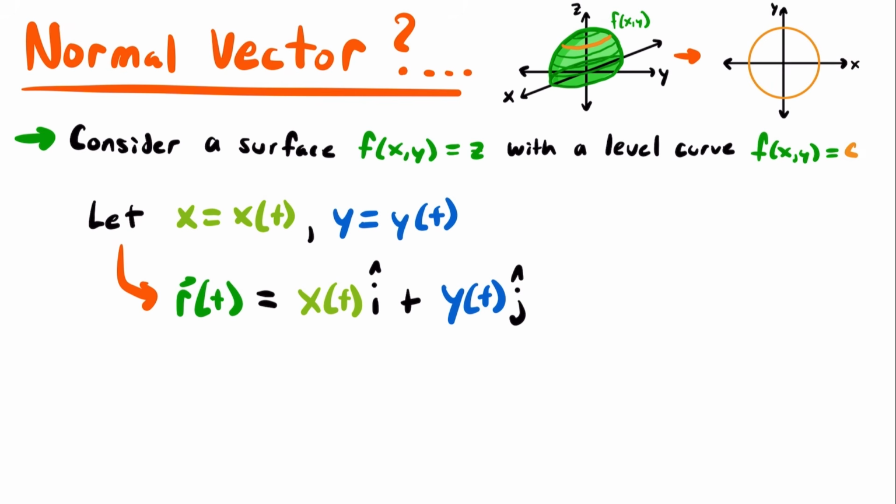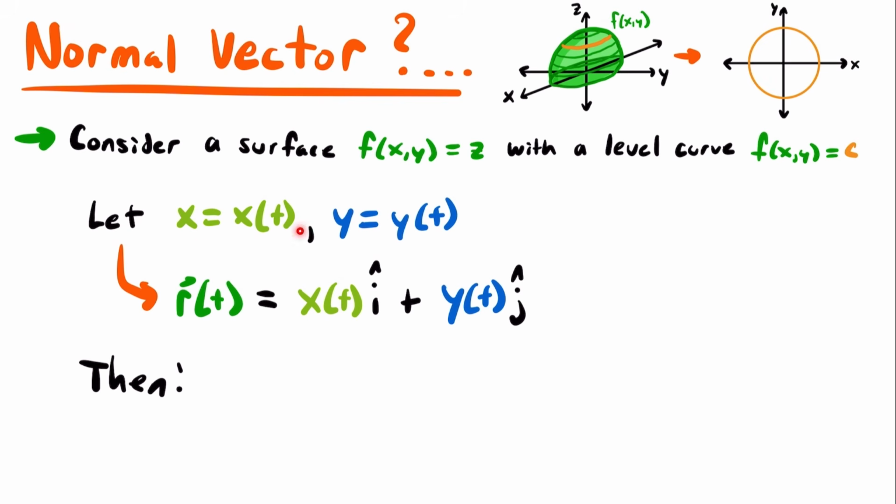And then what we can do, using the components of this vector function, or using these parametric equations, is rewrite the function for our level curve. Right, we have f of x y is equal to some constant c. We could replace x and y in this function with what they are equal to in terms of the parameter t. And so we would have a function whose independent variable is t. Okay, so here's what that looks like.